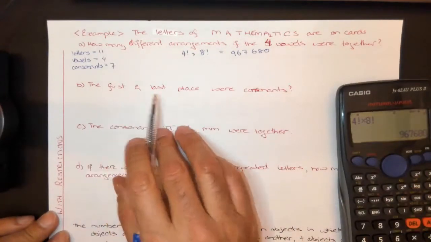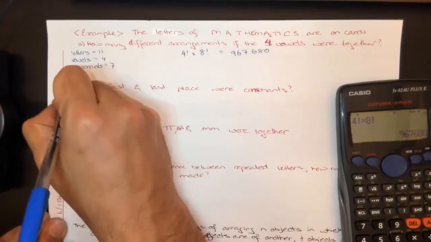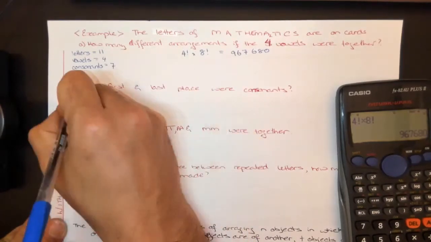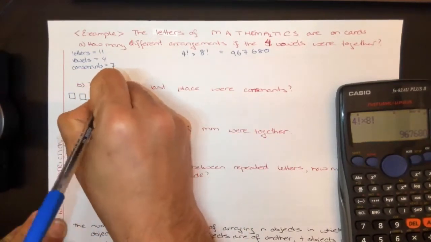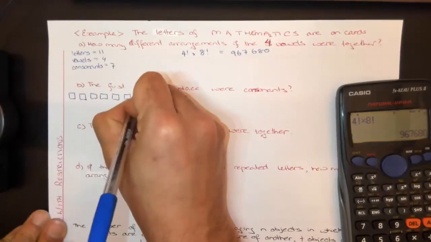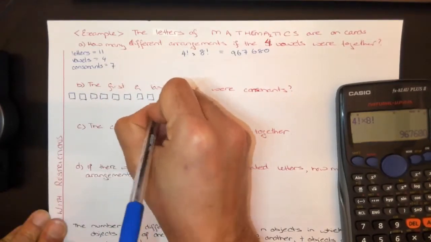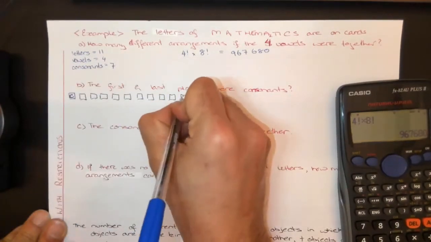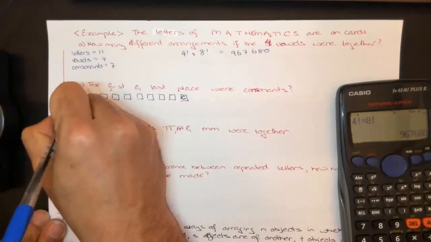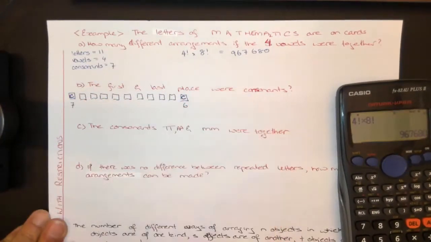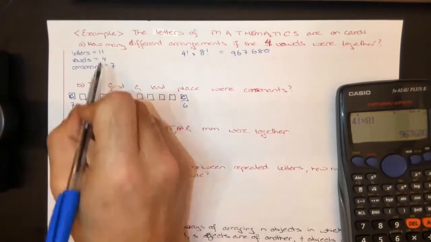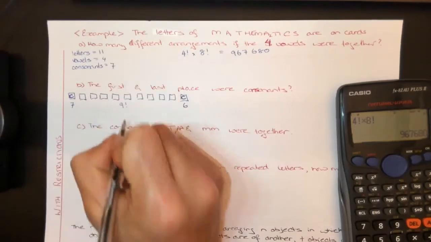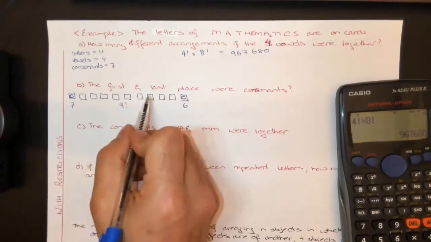Let's look at the first and last place being consonants. So as I said, there's 11 letters. Okay, if that was a consonant, and that was a consonant, so there's 7 to start with, and then there must be 6 to end with. There's obviously 11 letters, so we're taking 2 away, so there is 9 factorial possible ways for this to be arranged.